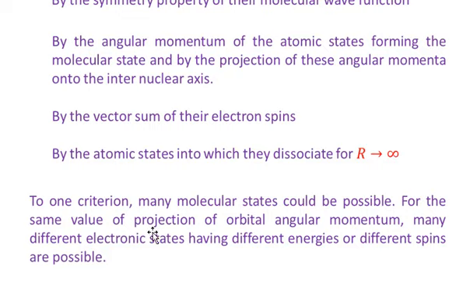For the same value of the projection of orbital angular momentum, many different electronic states having different energies or different spins are possible. So under one criterion, many electronic states could be possible.